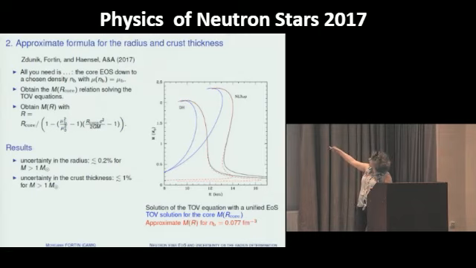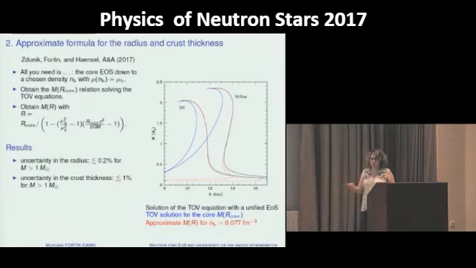And the black lines here are unified equations of state. And you see that with this approach, you obtain estimates of the radii with a very good approximation, with an uncertainty of a few tenths of a percent, and for the crust thickness of less than 1%.